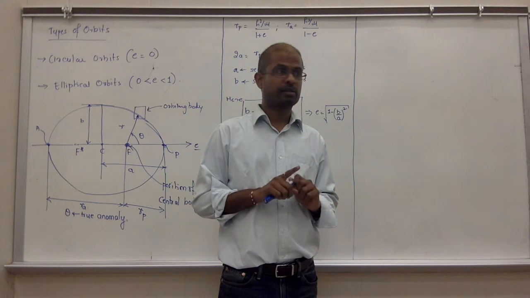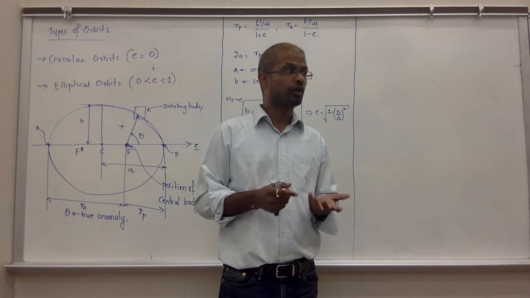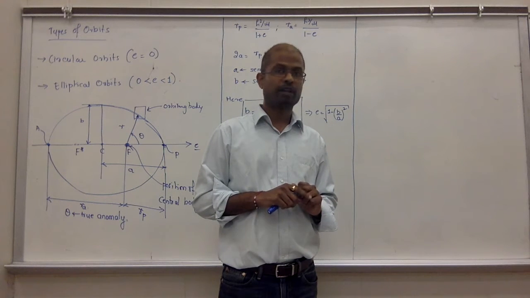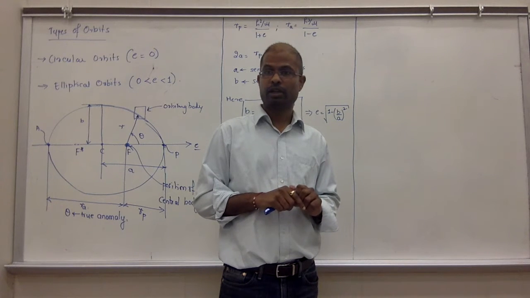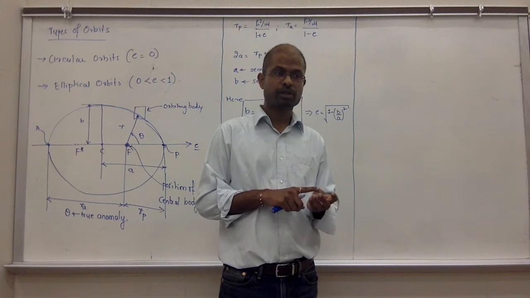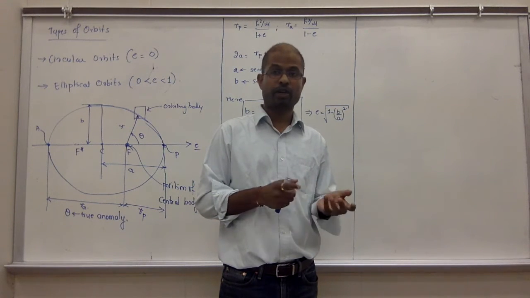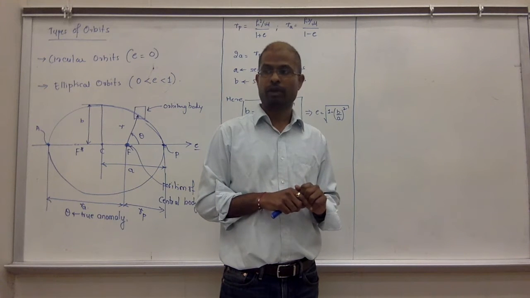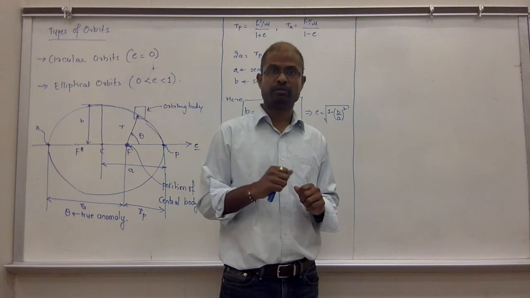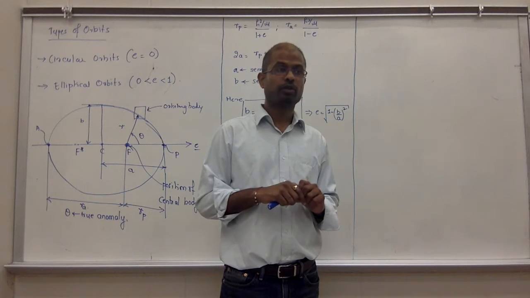But in practice, the orbits change. Why do orbits change? Because in practice, the gravitational force is never the only force acting on the orbiting body. I told you there is always atmospheric drag. Even when there is vacuum, there is no perfect vacuum anywhere. There is always some particle, especially if you're talking about low Earth orbits.